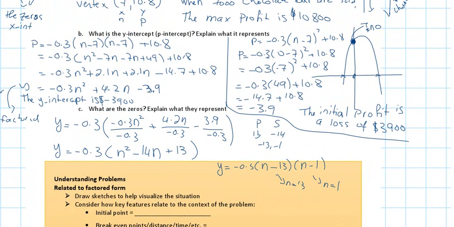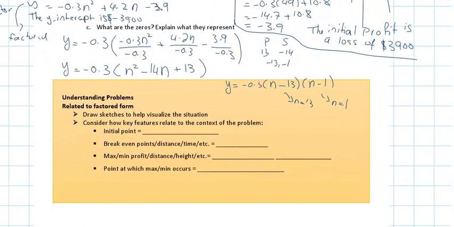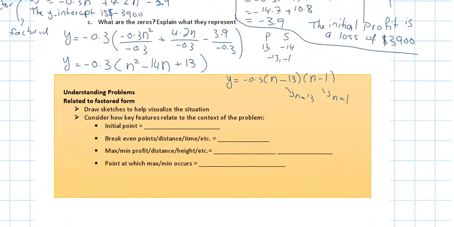So that means my break-even, or we call it the break-even point, is, or are, $13,000 and $1,000.